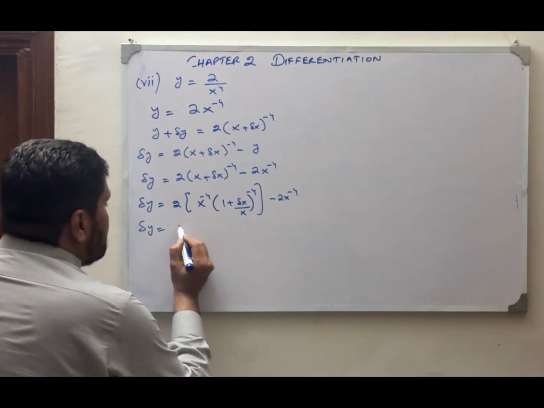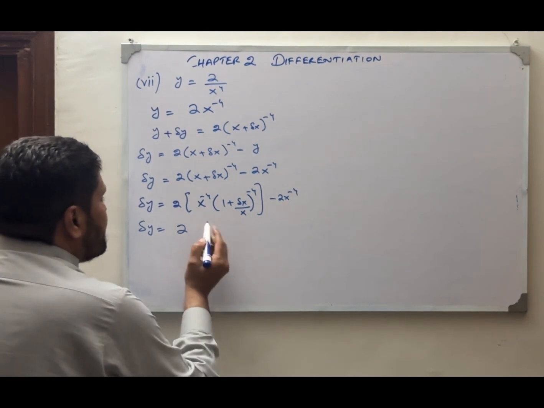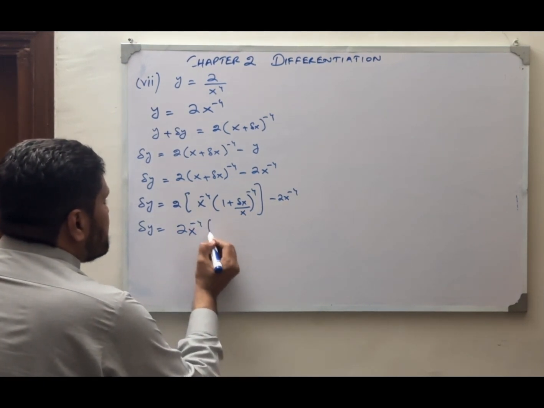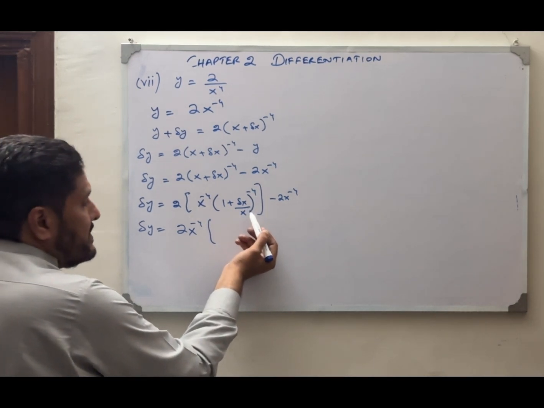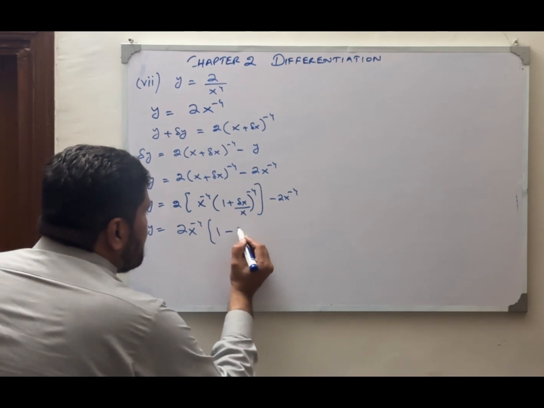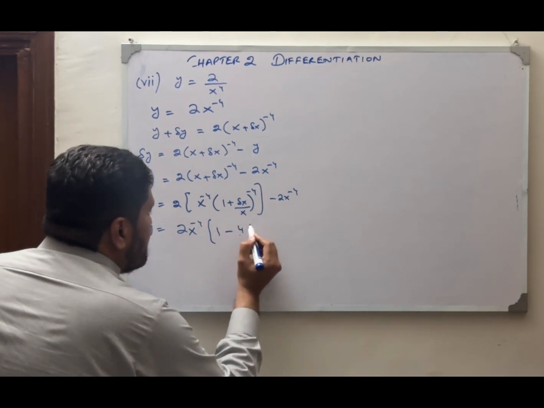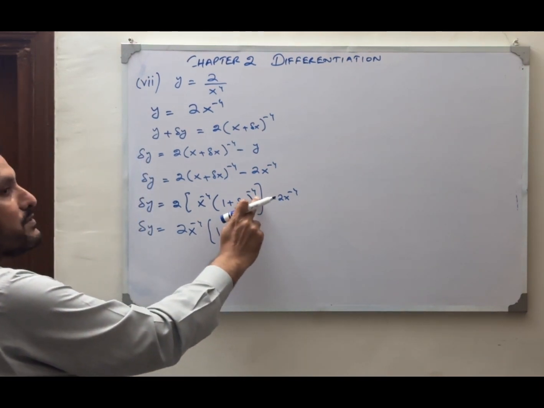So delta y is equal to 2x power minus 4 into, now applying the binomial expansion on this given term, that will become 1 plus n into delta x by x. Our n value is minus 4.